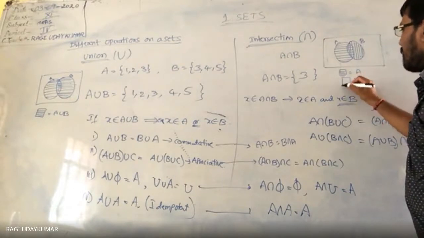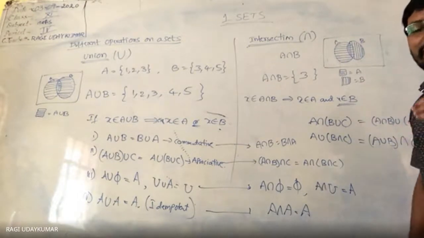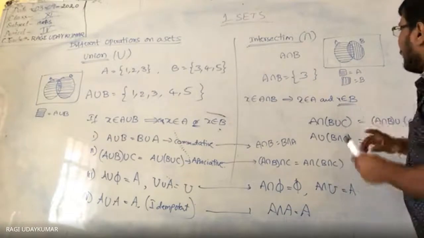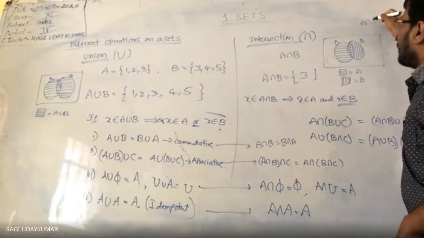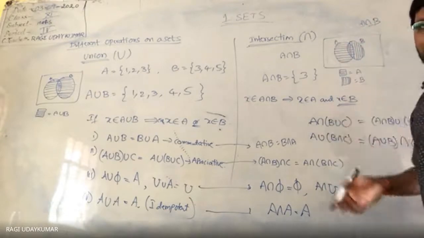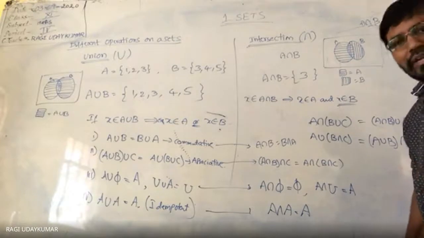Whenever you take intersection in a Venn diagram, the left side you draw with horizontal lines and the right side with vertical lines.